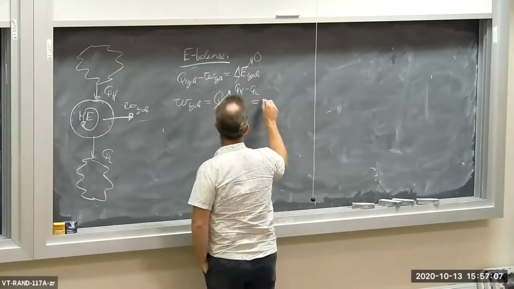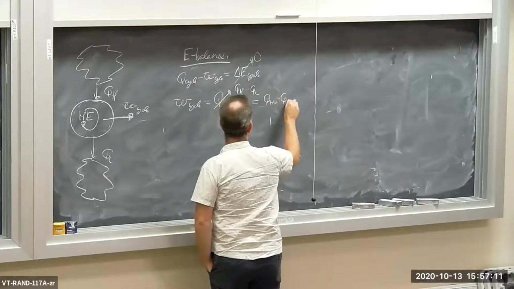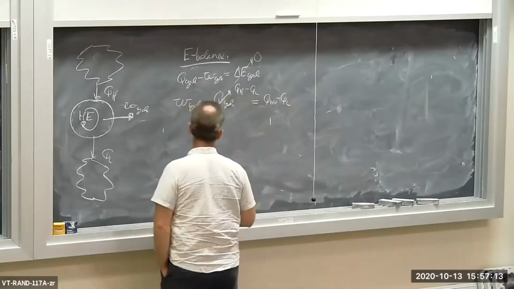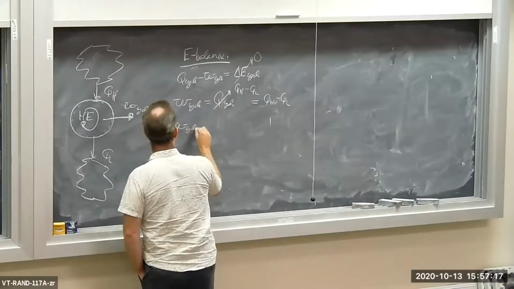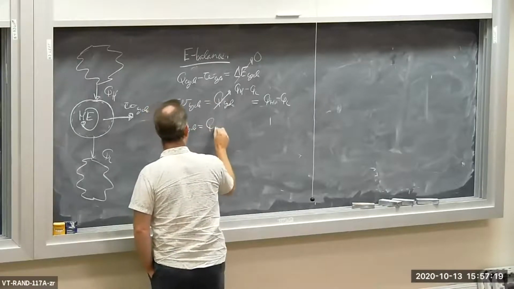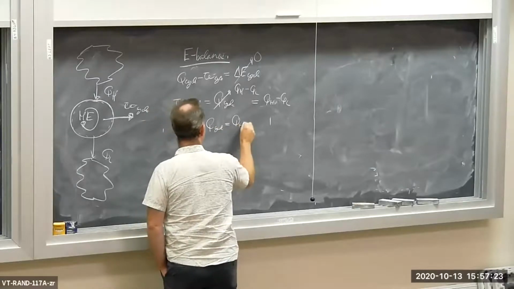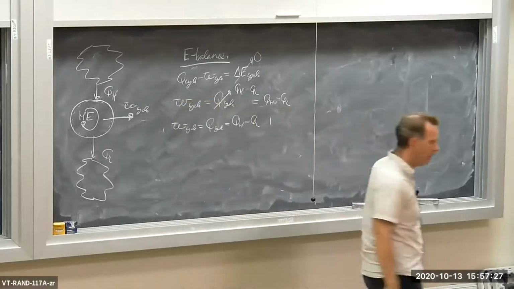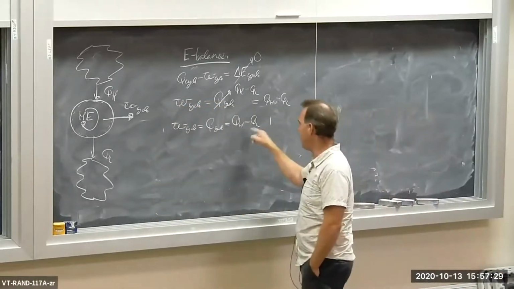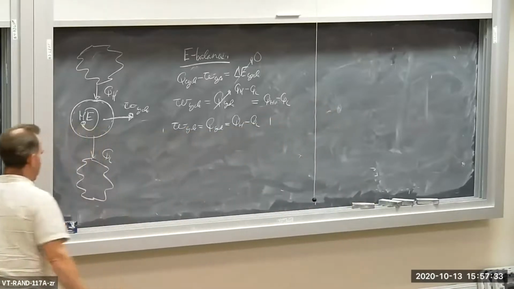So W cycle is equal to QH minus QL. So W cycle is equal to the heat over the cycle, which is equal to Q high minus Q low, or Q in minus Q out. If you want to put an in and an out here instead of a high or a low, that's fine with me. Okay?